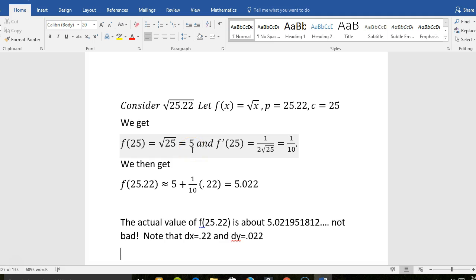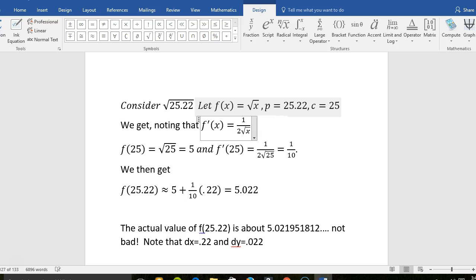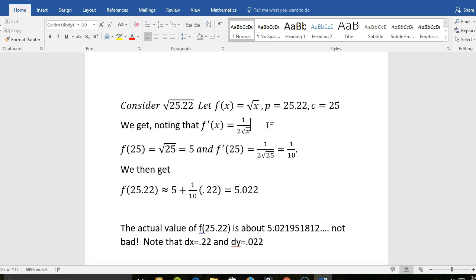That was nice. Now, if you do f prime, remember, you've got to do the derivative first. Remember, f prime of x is 1 over 2 radical x. Remember, you do it by the power rule: x to the 1/2 turns into 1/2 x to the negative 1/2. But if you write that in radical form, that is just 1 over 2 square root x.